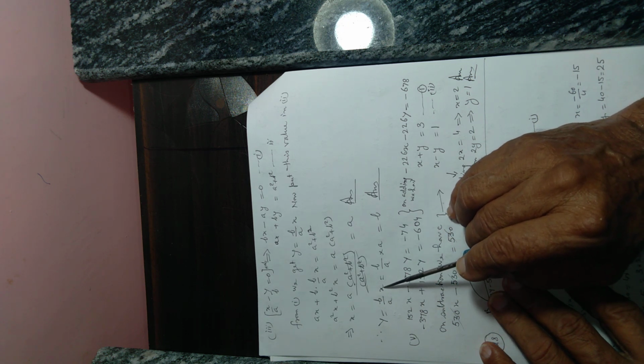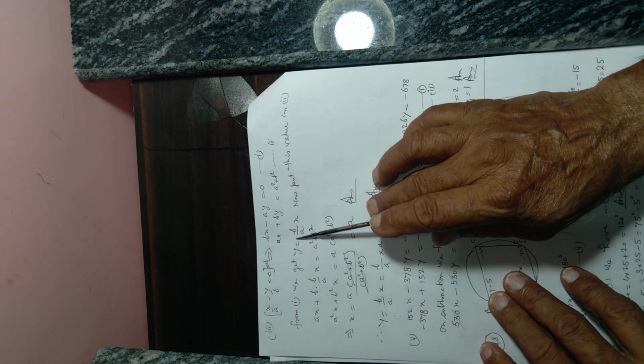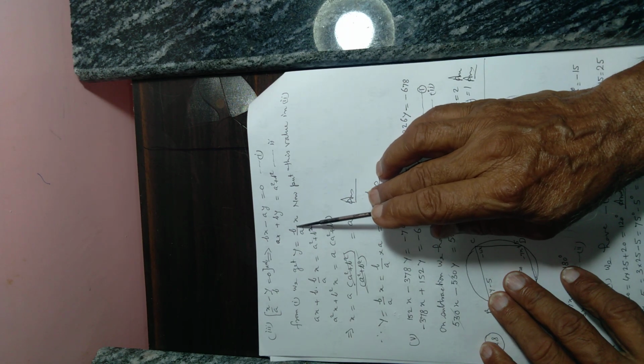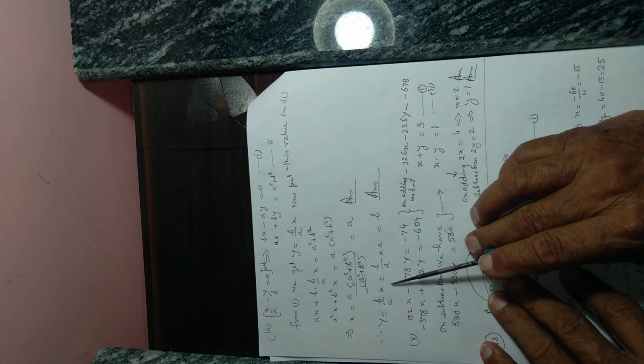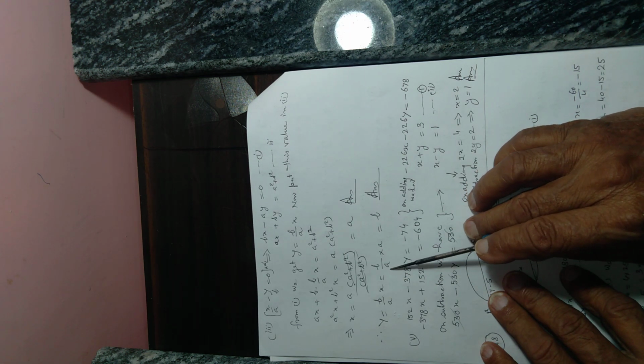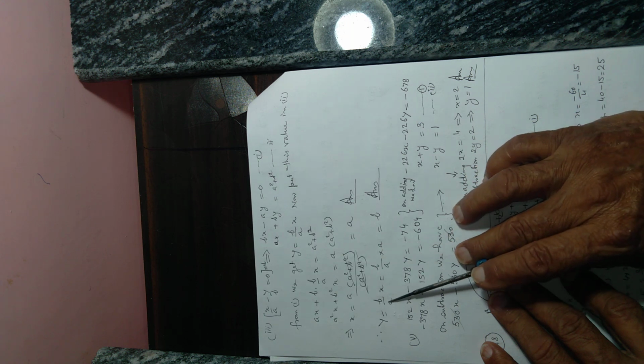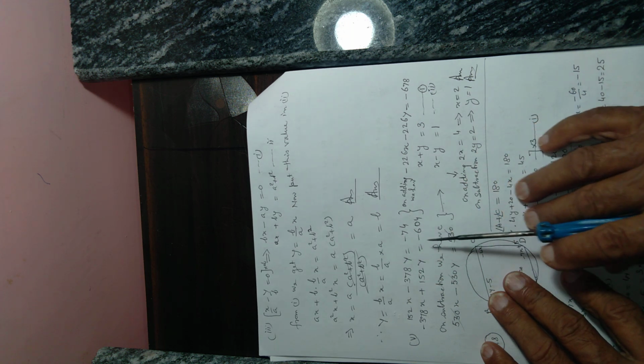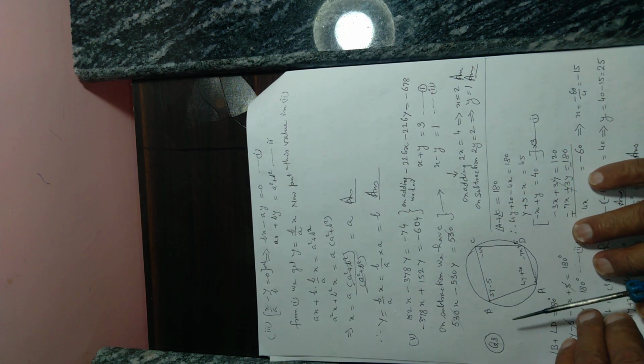You see I have already written here, y is equal to b by a x. So just substitute the value of x. a will be cancelled. So we are left with y is equal to b. This will be the answer for the third part of the question.